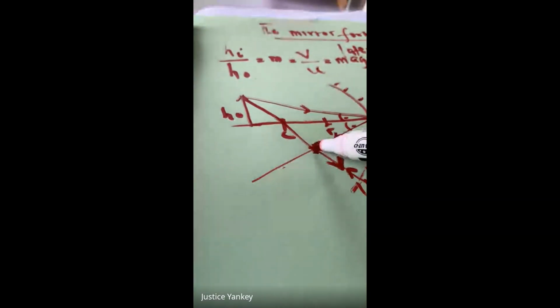Since these two reflected rays are meeting here, the head of the image will be formed there. Now, how do we get the legs of the image?